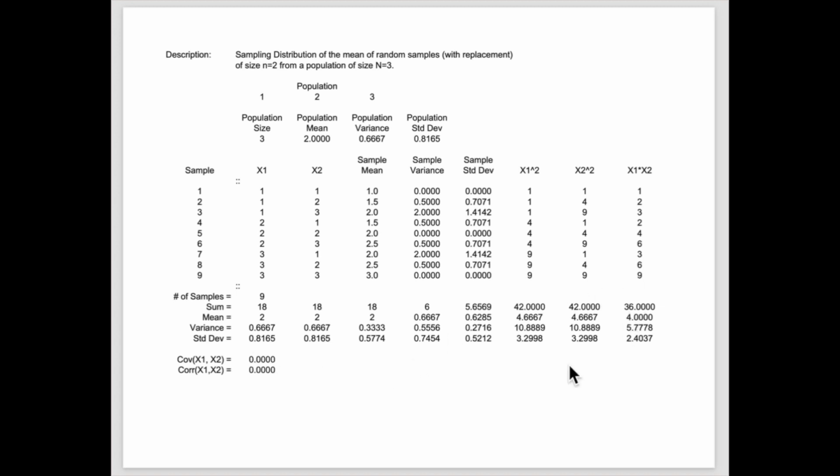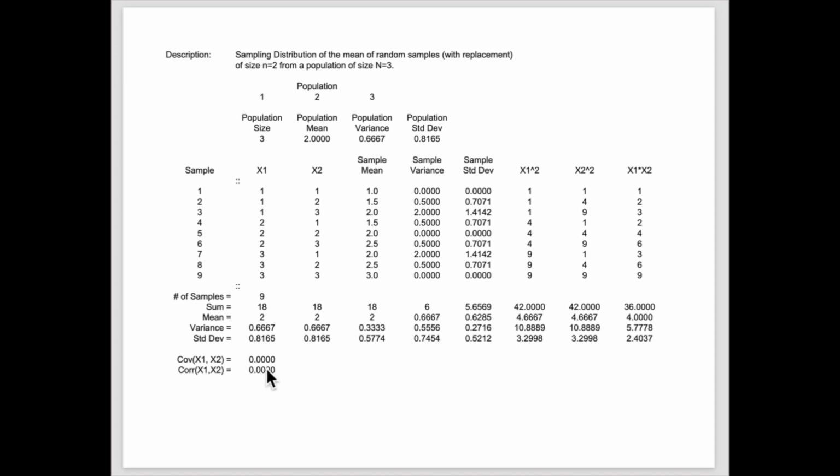Notice that I also have formulas for the covariance and the correlation, and I don't believe, it's been a while since I've done this, but I don't believe that functionality is actually built in via a function.